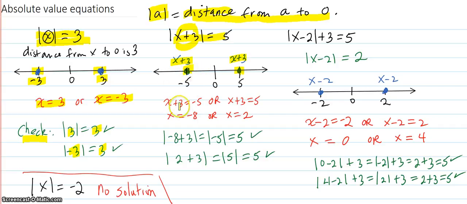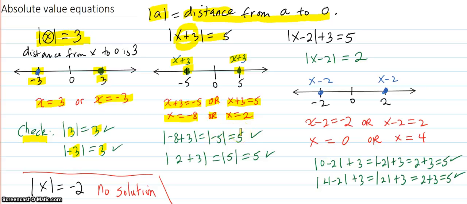So it's x plus 3 equals -5, or x plus 3 equals +5. Then you solve the equation. Subtract 3 from both sides, you get x equals -8. On the one on the right, subtract 3 from both sides, you get x equals 2. So the solution is x equals -8 or x equals 2.